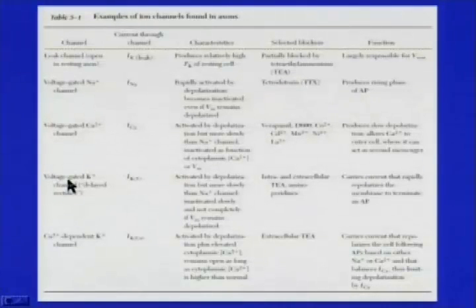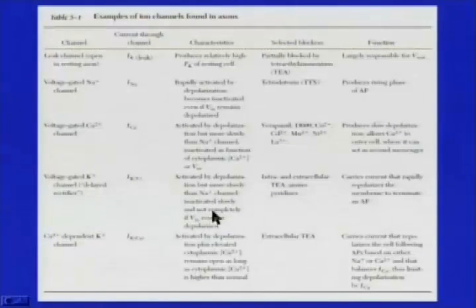The voltage-gated potassium channel, the delayed rectifier, is activated by depolarization. So voltage-dependent opening, but more slowly than the sodium channel. It's inactivated slowly and not completely if the V sub M remains depolarized. So in a certain type of preparation, if you can depolarize the membrane and keep it depolarized, the potassium will continue to leak.